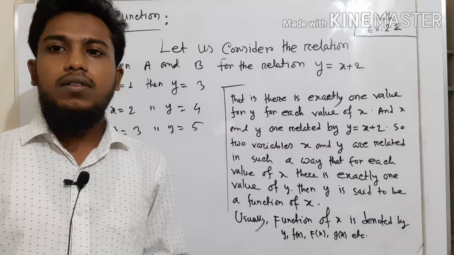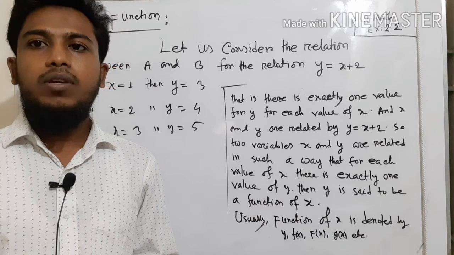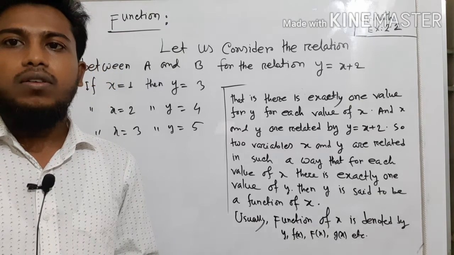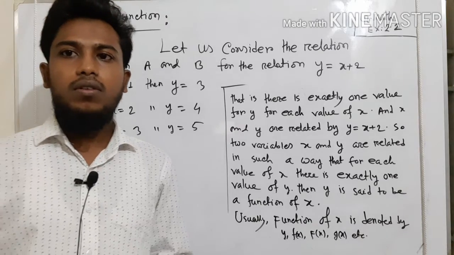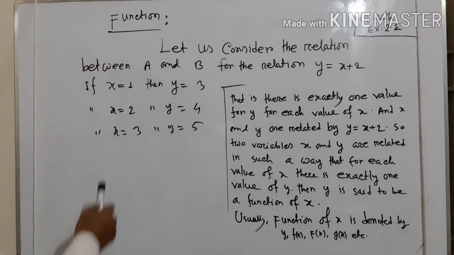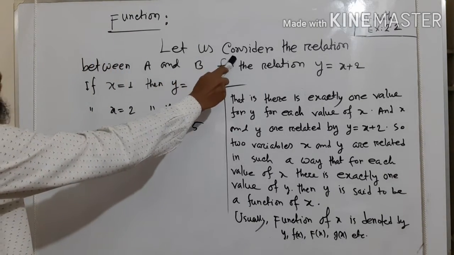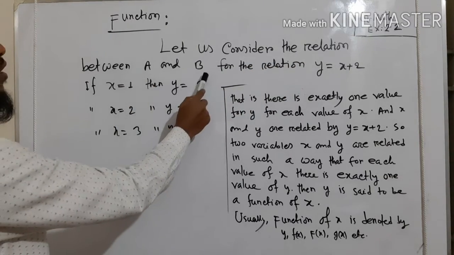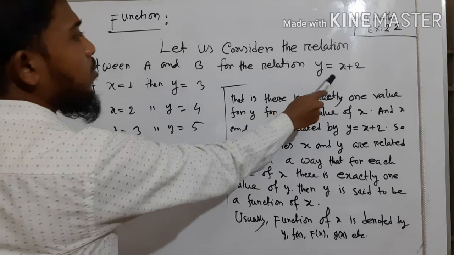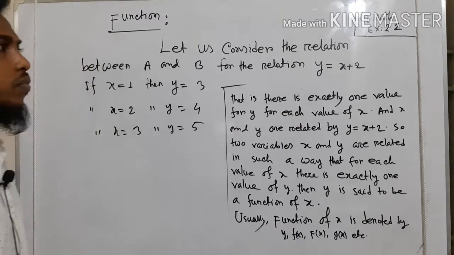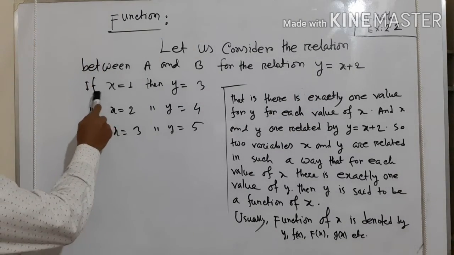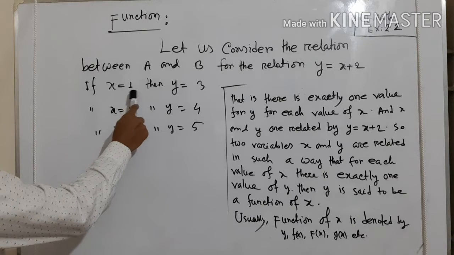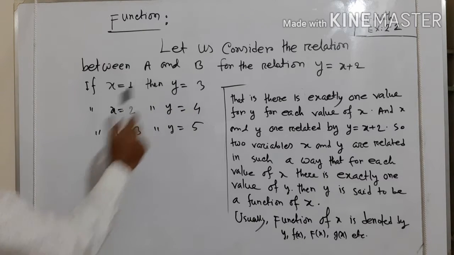My dear student, now I will give you a definition of function by an example. Look, let us consider the relation between A and B for the relation y equal to x plus 2. If we put x equal to 1, then y equal to 3.